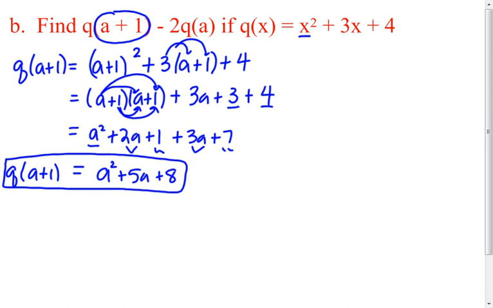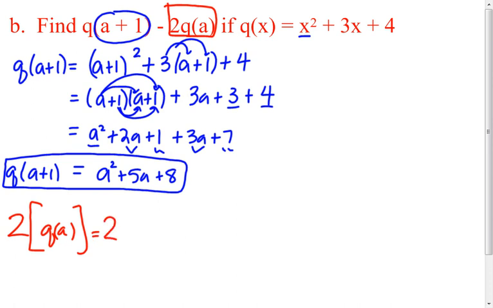All right. Then right here, it wants me to take 2 times q of a. So 2 times q of a means that I am going to take 2 times the quantity that I get when I plug a in for x. That's what this piece means. I'm going to plug a in for x. So then I will have a squared plus 3a plus 4.